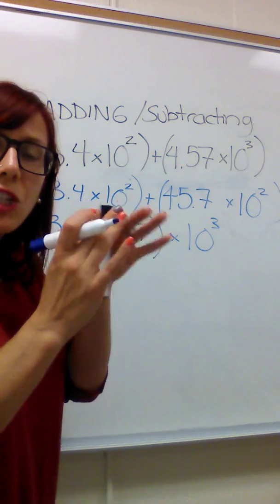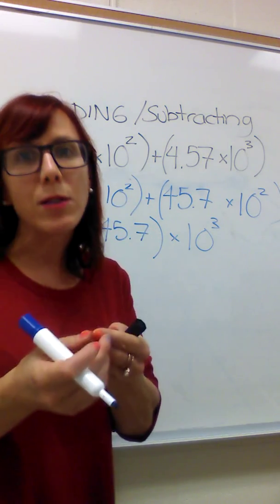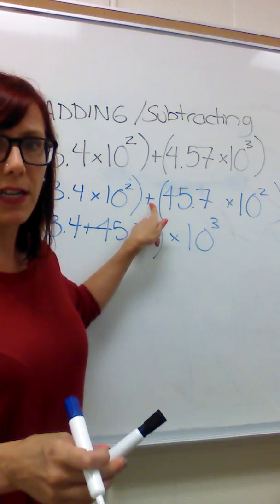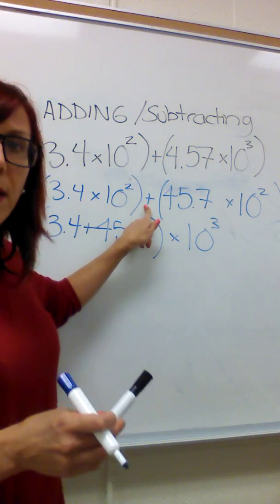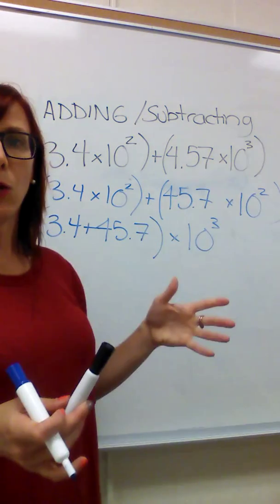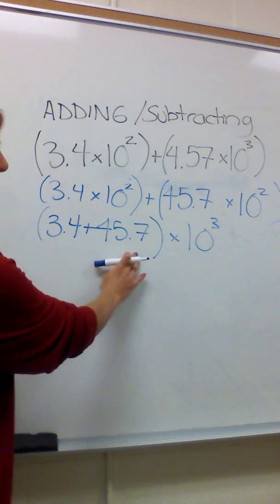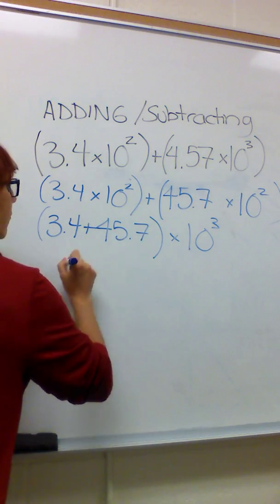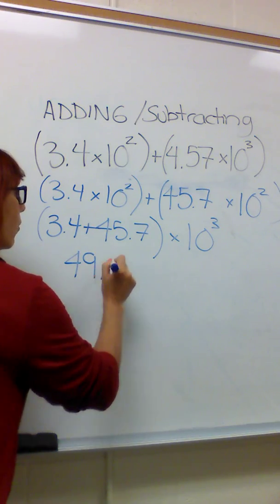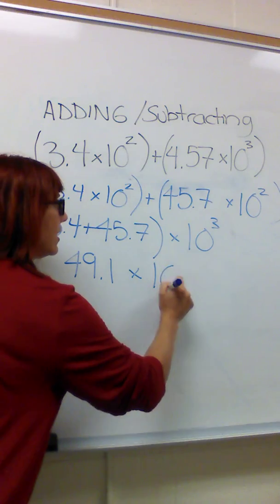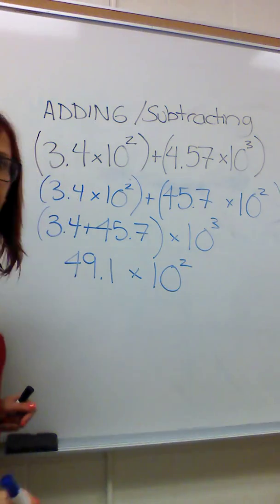We cannot change exponents, we cannot add or subtract exponents because we are adding, not multiplying or dividing. When we are adding or subtracting, we need to make sure these two are equal. So I would take my normal addition and end up with 49.1 times 10 to the exponent 2.